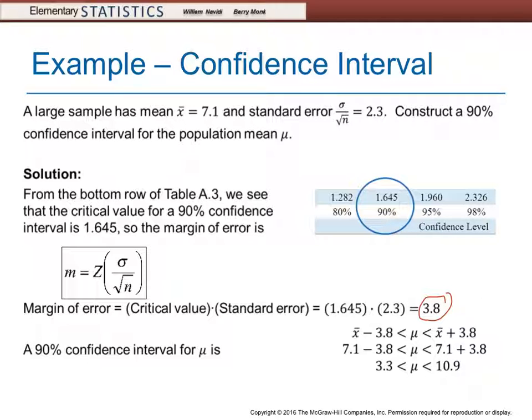Now we get the lower and upper bounds of our estimate, where x bar in this case is 7.1. The lower bound is 7.1 minus the margin of error of 3.8, and our upper bound is 7.1 plus 3.8. So there is the final result. Our confidence interval is between 3.3 and 10.9.